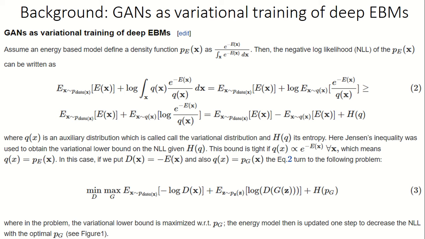Having these, we can get equation 3 from equation 2, where the variational lower bound is maximized with respect to p_g. The energy model is then updated one step to decrease the negative log likelihood with the optimal p_g.